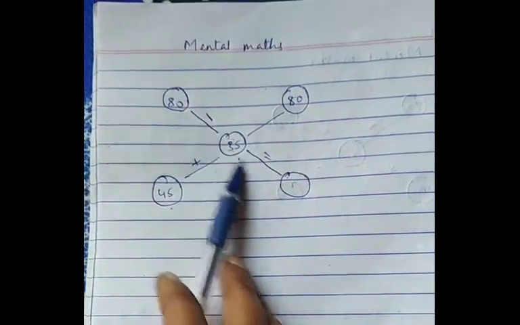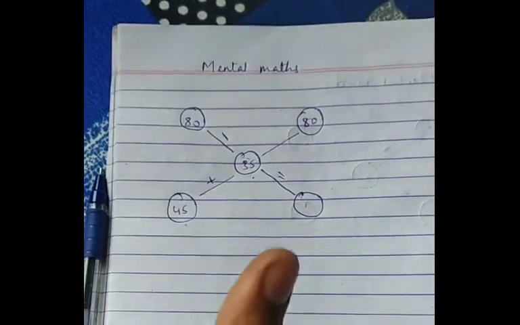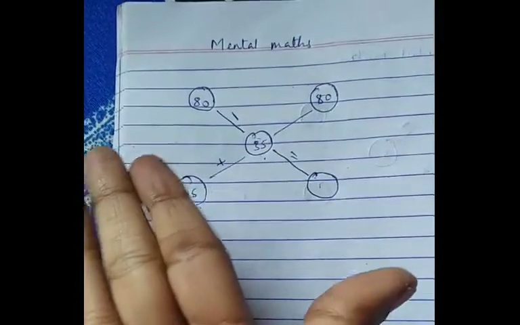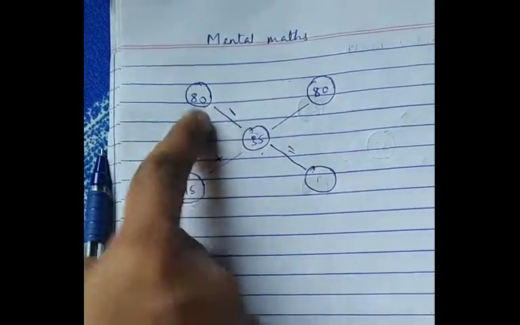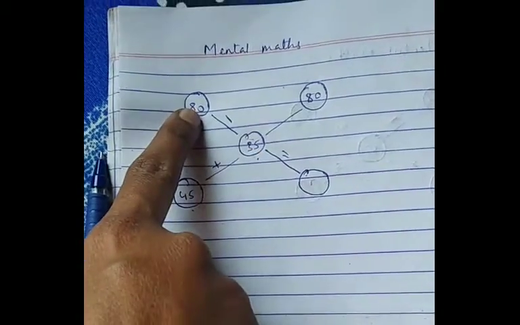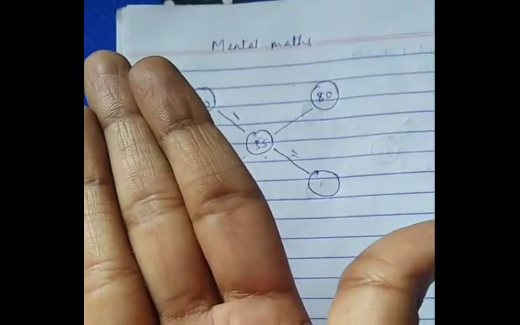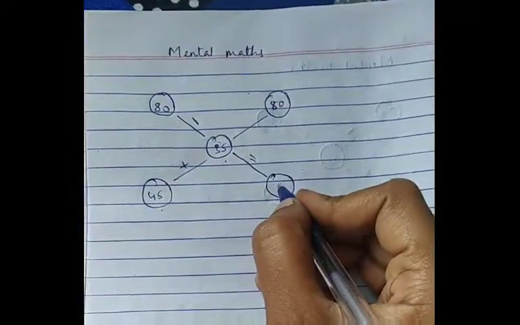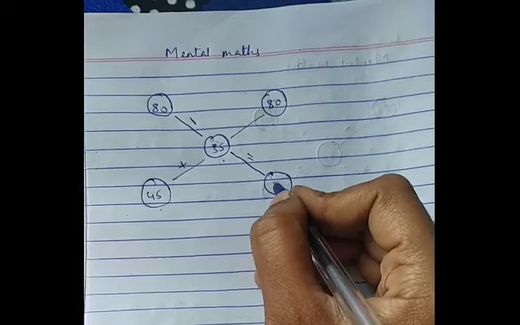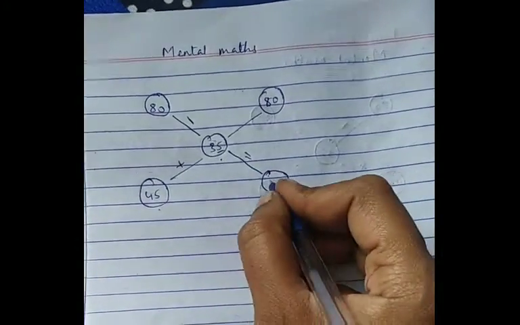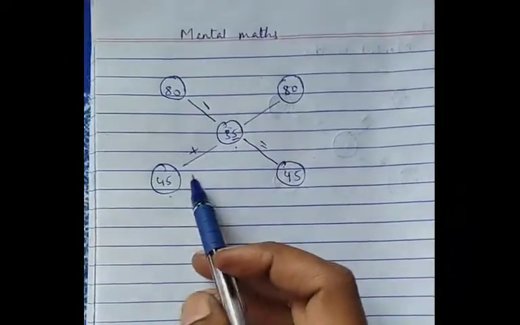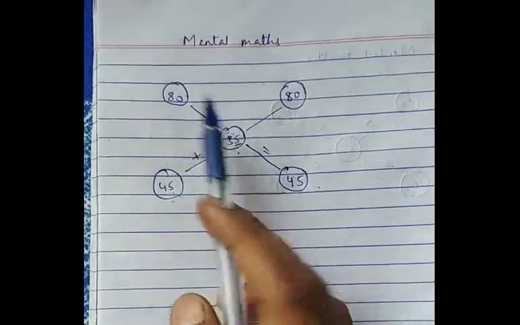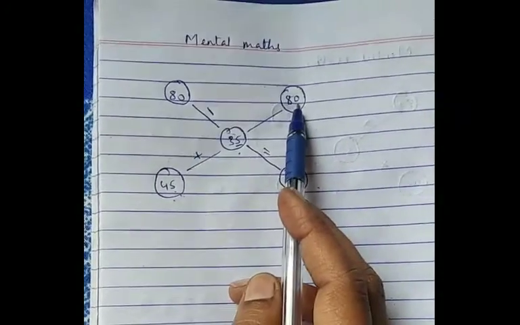So 35, 45, 55, 65, 75. Okay, 75 plus this 5 is 80. So how many fingers we have counted? 4 fingers plus this 5. 4 fingers means 4 tens. 4 tens means 40. 40 plus this 5, that is 45. And you can observe a similarity here. In both these circles, we got 45. And here in both the circles, you got 80.